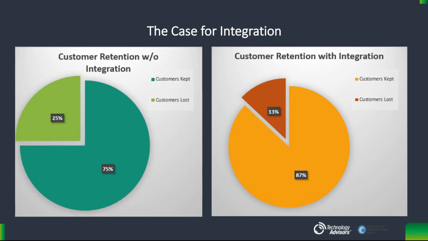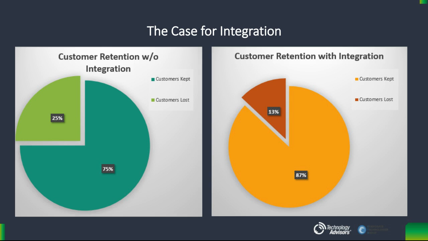Thanks, Chris. So if you're on this call today, you obviously recognize that telephony integration is becoming really important. A study by the Aberdeen Group actually showed that the average company retains about 75% of its customers every year. So that graph on the left is showing you, on average, what you're losing: the 25%, right?